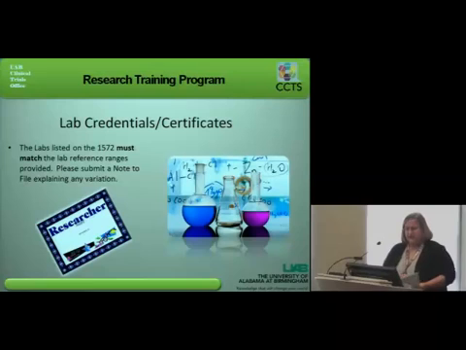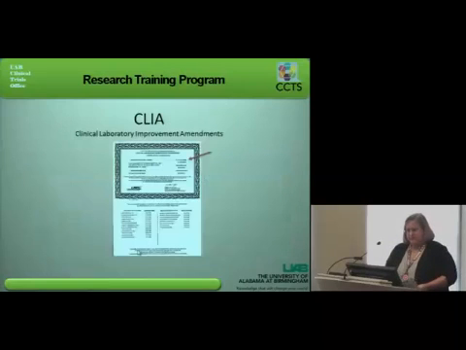You will hear CLIA a lot. I'm going to show you what a CLIA certificate looks like. It'll have these little black lines around it up here. It's called Clinical Laboratory Improvement Amendments, but that's really not what it's referred to. It's called CLIA, and you'll hear that a lot.